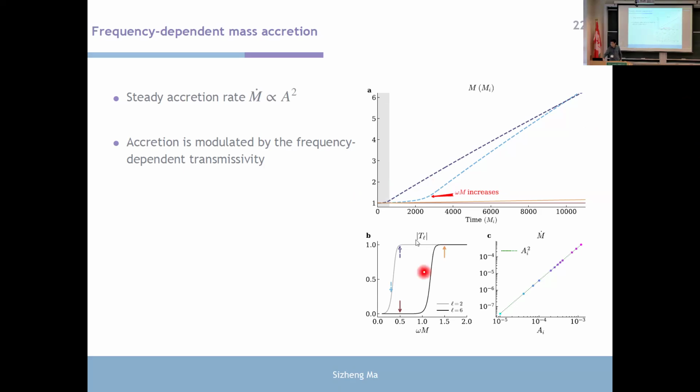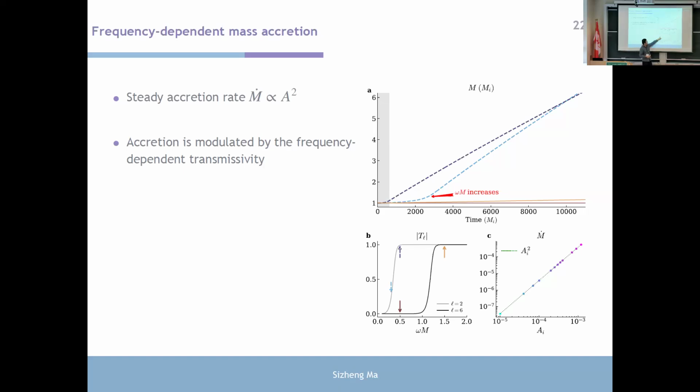So as a result, we can look at this light blue curve. This is especially interesting. At the beginning, we inject a wave at a low frequency. So the transmissivity of the system is quite low, and you can see that the black hole barely accretes mass. But over time, this black hole becomes a little bit larger. Then the effective frequency seen by this black hole, which is controlled by omega times M, becomes bigger.